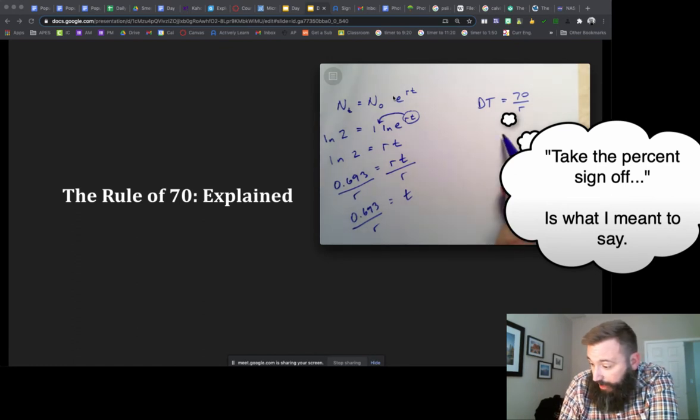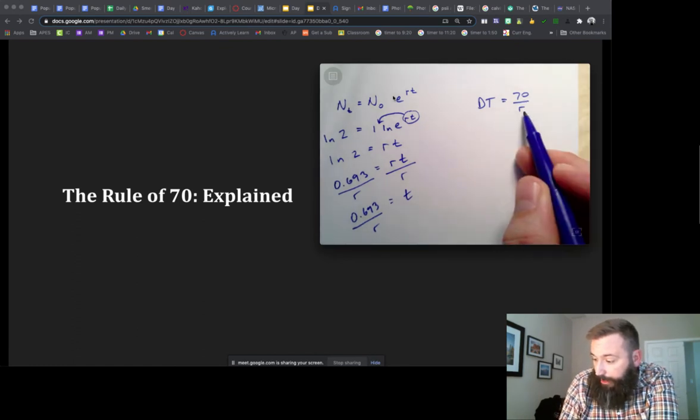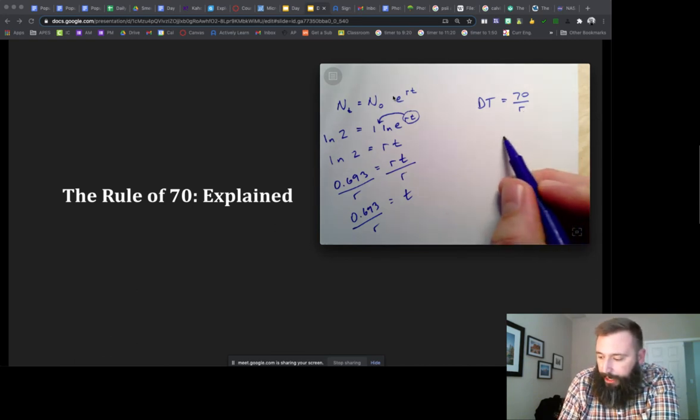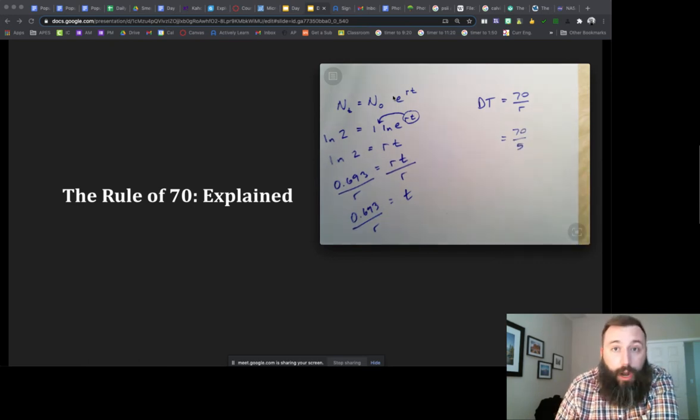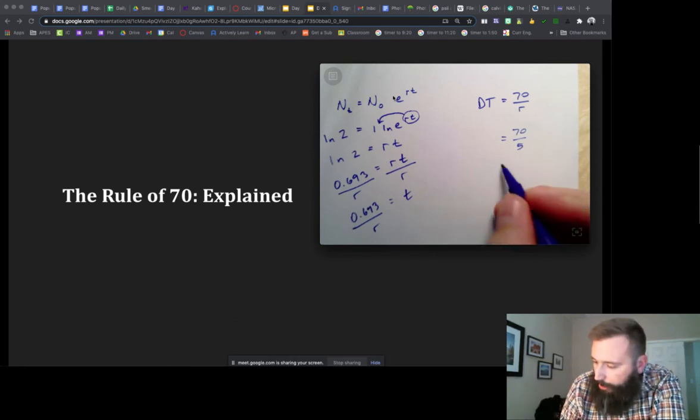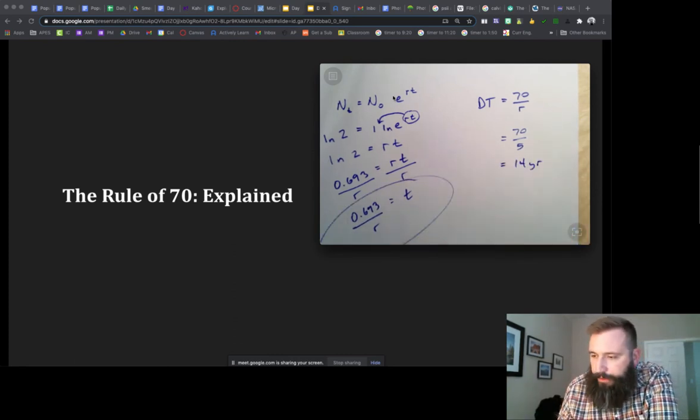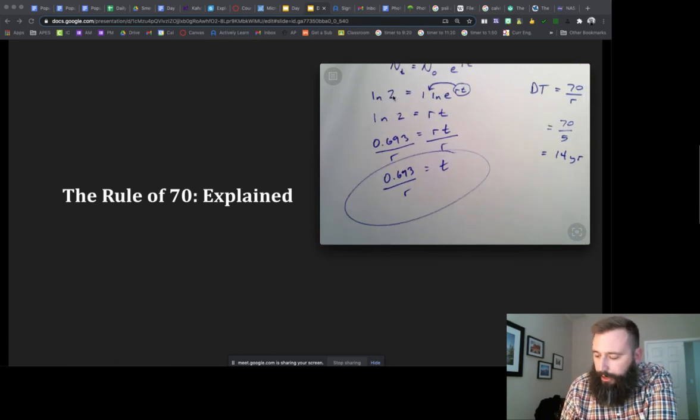For example, how long does it take for a population size to double given a population growth rate of 5%? I've told you before that you just take that 5% number and drop the percent sign, and you get 14 years. Well, what if I was using this other equation over here, T is equal to 0.69 divided by R?